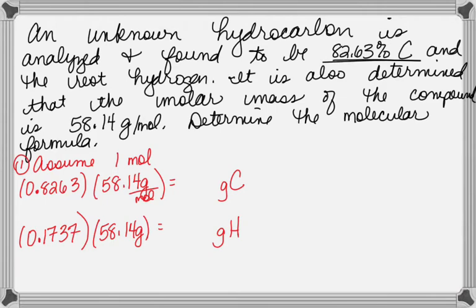So calculate that. So I've got 48.041 grams of carbon, and 10.099 grams of hydrogen. I think I might have said 48.014 grams of hydrogen when I meant carbon. It's really hard to sit home and lecture to yourself. When you guys are listening, you catch those little mistakes I make like that. Okay, so that's step 1.